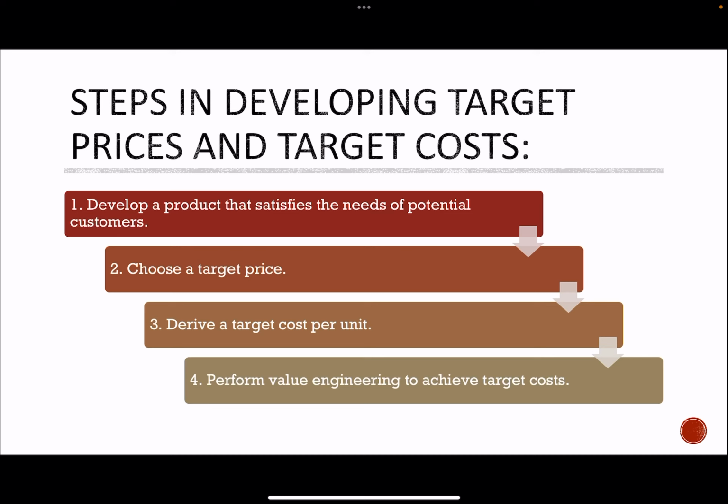So let's say we are in a high technology environment and my company is high tech and producing mobile phones. Then survey the market, ask the customers what the estimated price is, and then derive the target cost by the equation. If you remember, target price minus target profit equals target cost. Ask your lovely engineers to develop methods to achieve this cost.